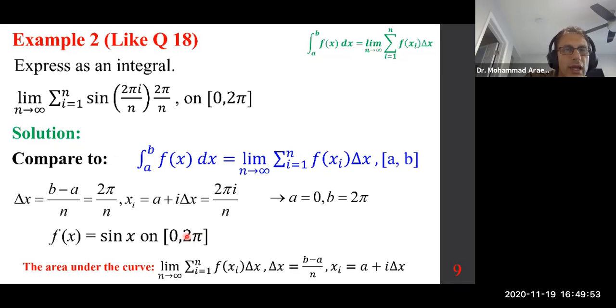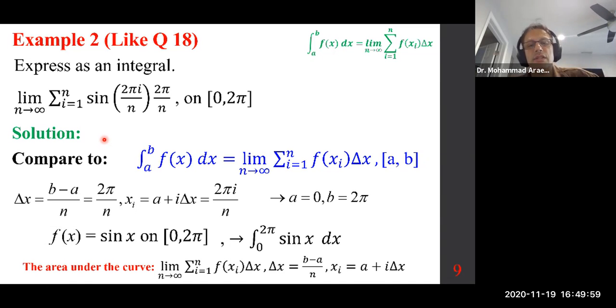And you can work it out and bring this one back, resulting in the integral of sine x dx from 0 to 2 pi. So again, sine of x from 0 to 2 pi.